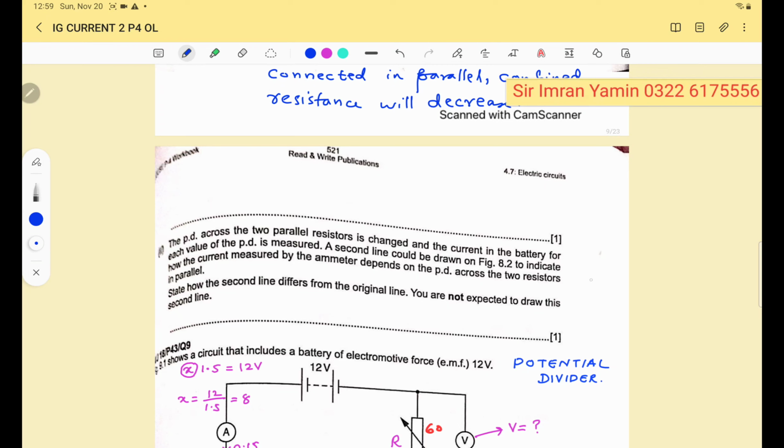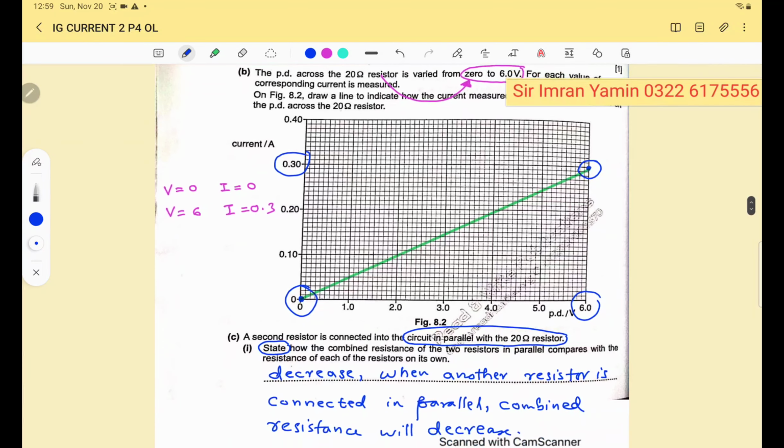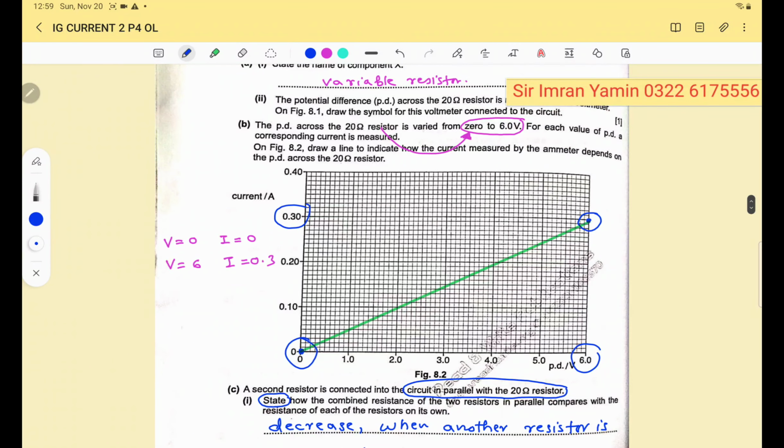But what about when the total resistance decreased? When the resistance decreased, what will change in the graph? Yes beta, tell me. I am showing you: when the total resistance decreases, obviously the current reading for the same voltage will increase.